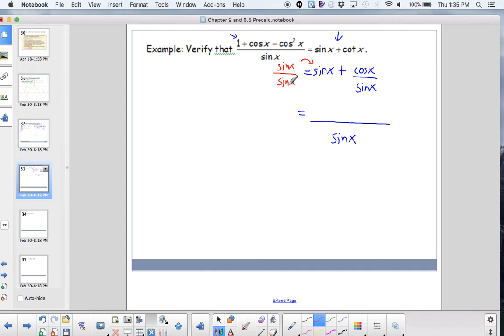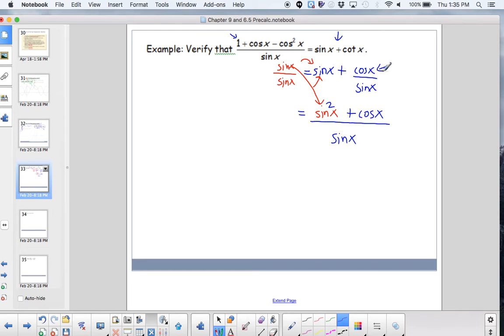Okay? And when I do, then I get that one sine x, which is this one, times this sine x, which is going to give me the sine squared x, and then bring down my cosine x. Nothing needs to happen here because it already has a denominator of sine x.